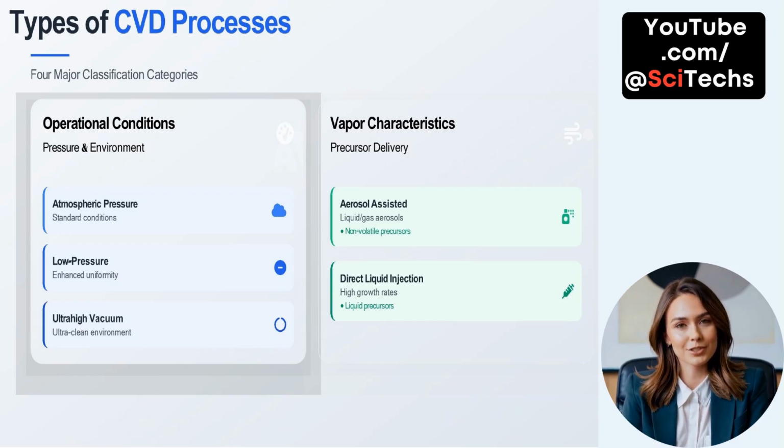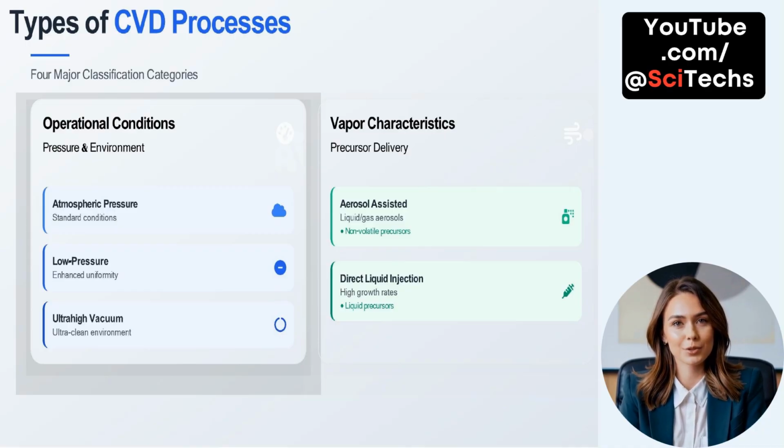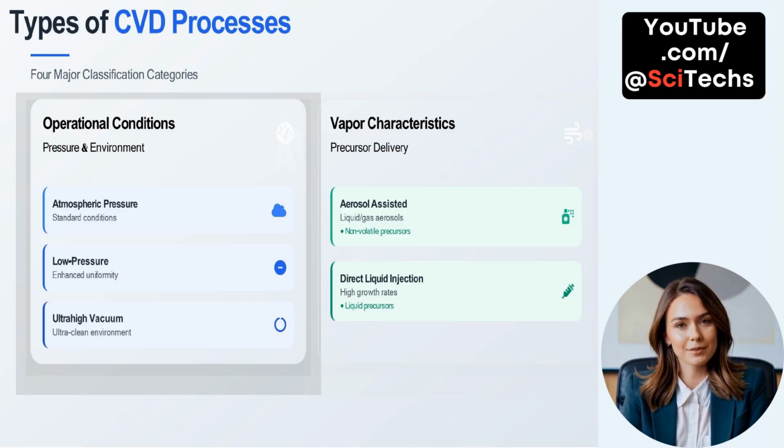Next is low-pressure CVD, where the reduced pressure improves film uniformity and allows for better step coverage on complex wafer topography. Lastly, there's ultra-high vacuum CVD, used when an ultra-clean environment is critical. This setup minimizes contamination and supports the growth of high-purity films.